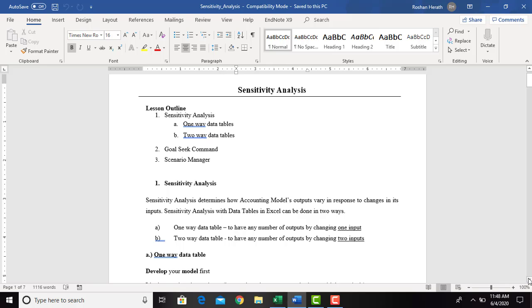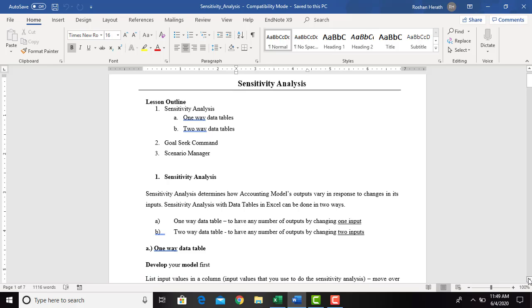In the model I have taken as an example, you were given the selling price information, cost information, and the demand information, and your output was going to be the profit. When there is a change in the selling price, what is the effect that it has on the profit?